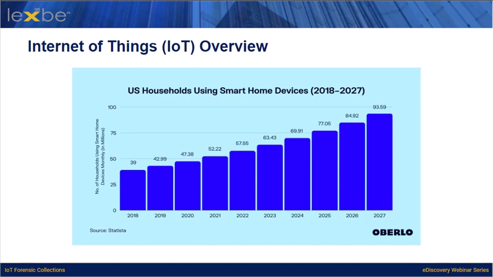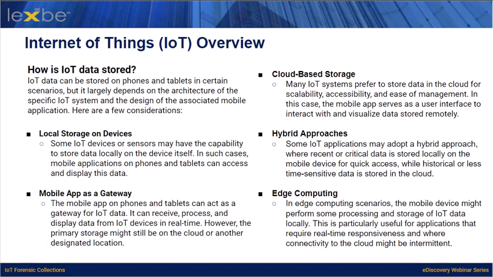So, how is Internet of Things data stored? IoT data can be stored on phones and tablets in certain scenarios, but it largely depends on the architecture of the specific IoT system and the design of the associated mobile application. Here are a few considerations when thinking about all the different types of ways data can be stored. So, local storage on device.